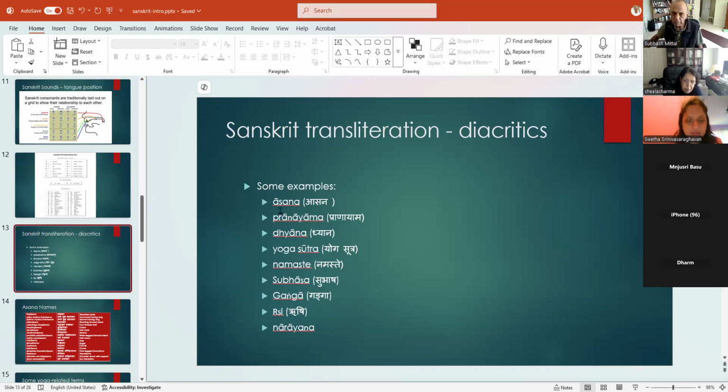So for example, this one, asana: because the second a is not long, it is short, and the first one is long, so it is ā. Similarly, the last a is short, so it becomes asana. Try not to say it wrongly, that doesn't make sense. Same thing, pranayama. The last letter is short.